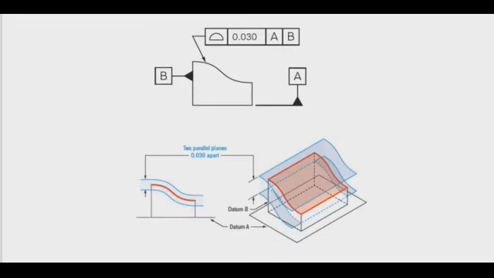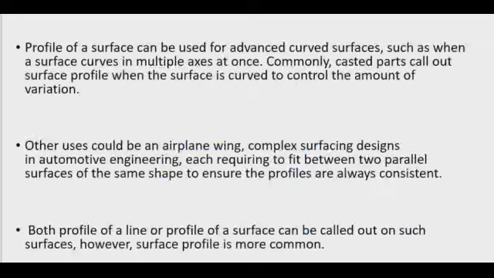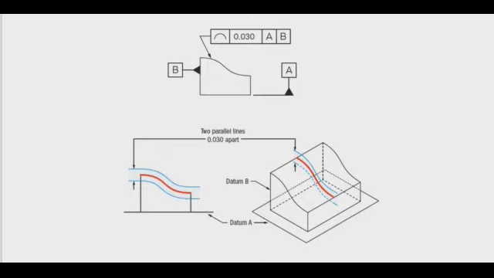You can see a symbol here. If this symbol is there, then it will be applicable for the whole surface. If the symbol is like this, then it is only applicable for a single line.